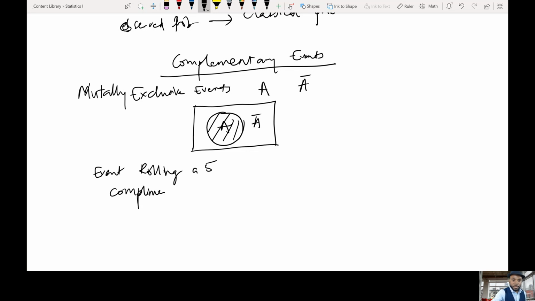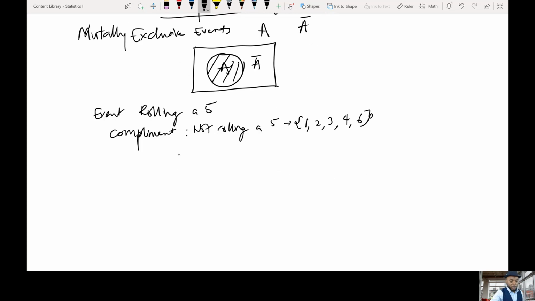The complement is not rolling a 5. The complement will be the set of either 1, 2, 3, 4, or 6.